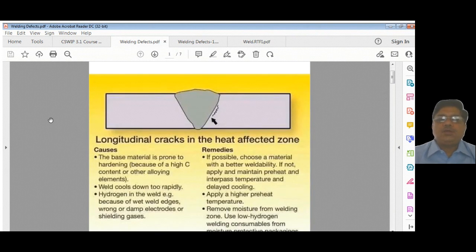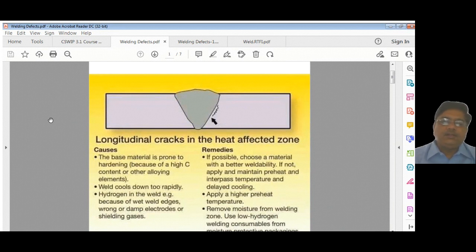The first one is the longitudinal cracks in the heat affected zone. These are usually heat affected zone cracks which appear after 24 hours, after 48 hours, after 72 hours. This kind of crack will be there usually because of hydrogen pickup in the material. The base material is prone to hardening because of high carbon content.